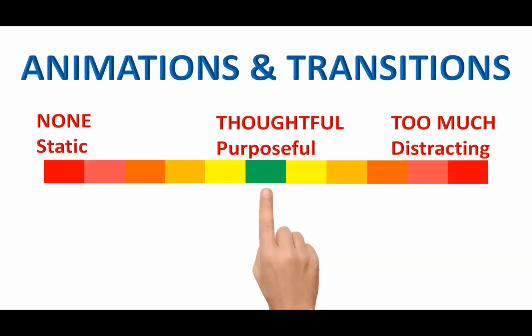You don't have to use animations or transitions with your slides, but they do give opportunities to make some slides less static. Use these devices too much though, and it will make your slideshow distracting. Your use of animations needs to be thoughtful and purposeful.